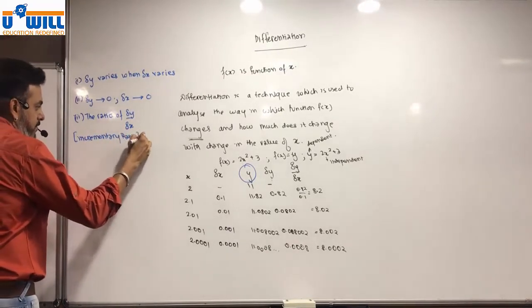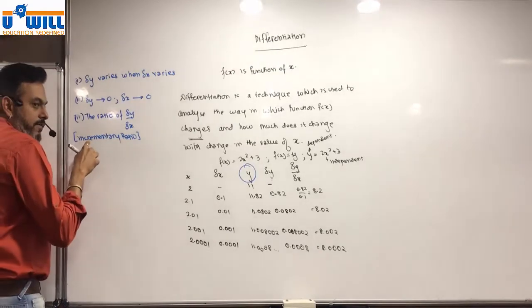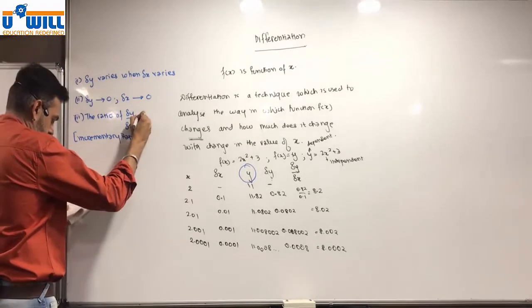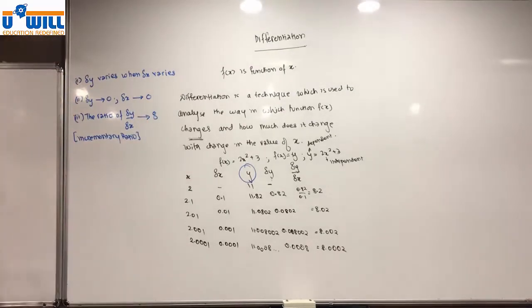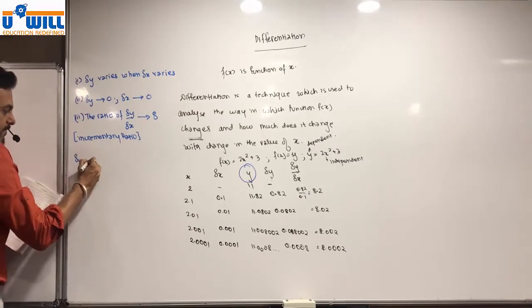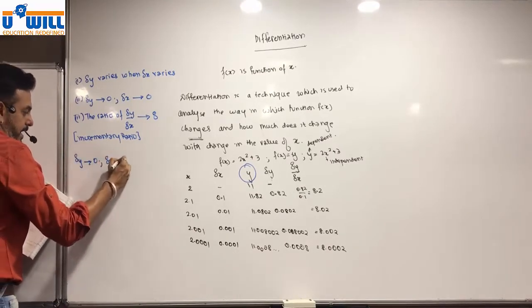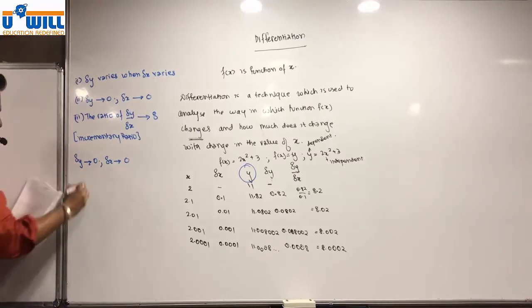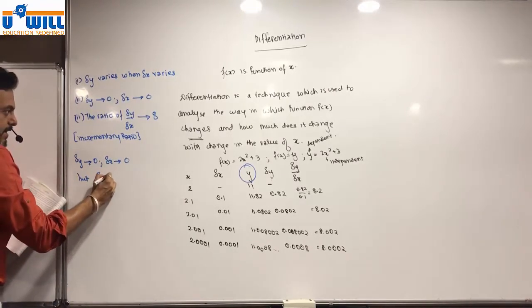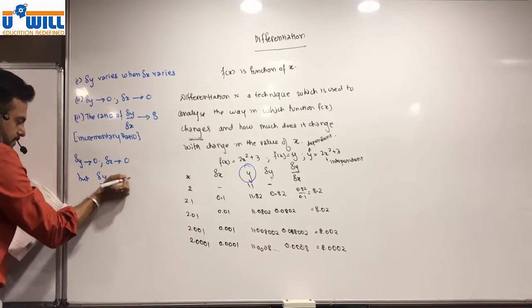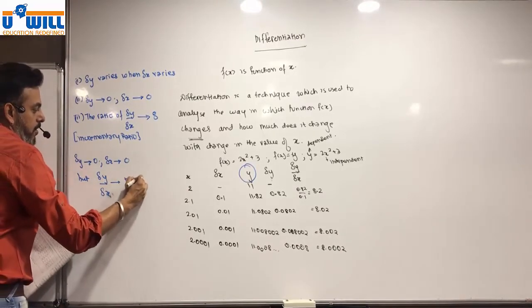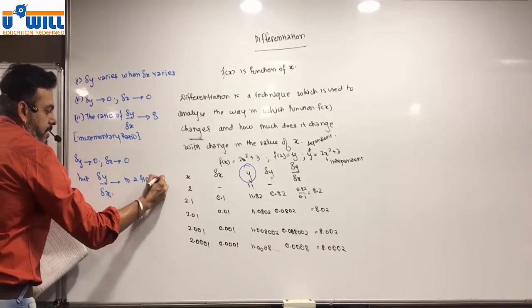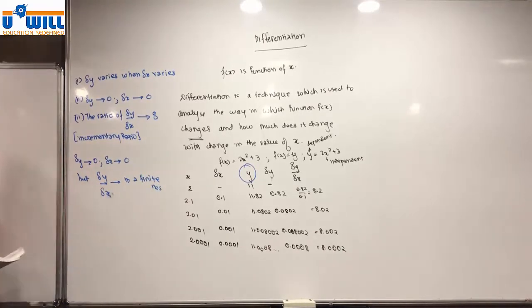It can come as an objective question, also known as incrementary ratio. It approaches 8. Delta y tends to 0 and delta x also tends to 0, but delta y upon delta x tends to a finite number, not 0.